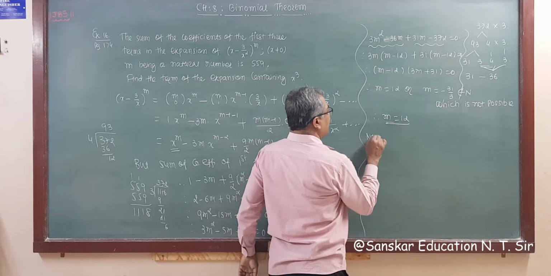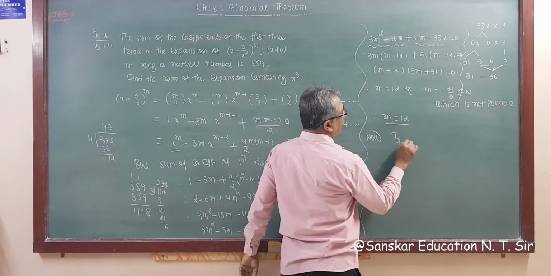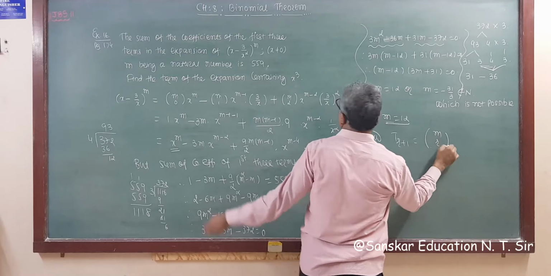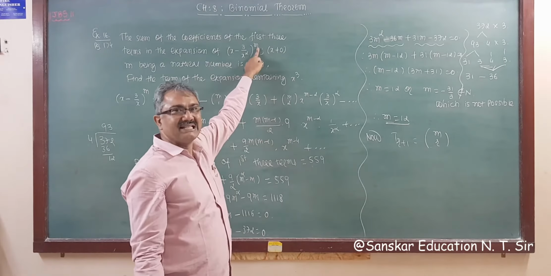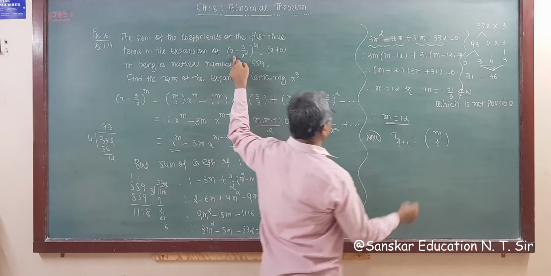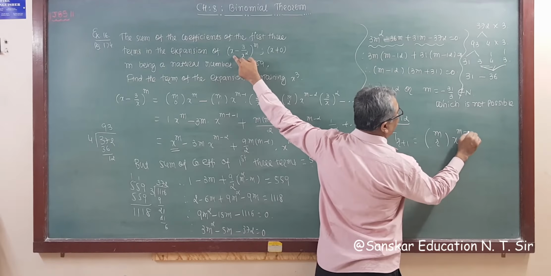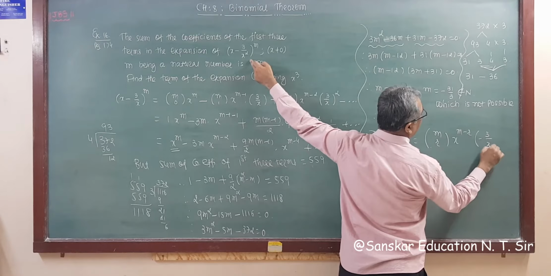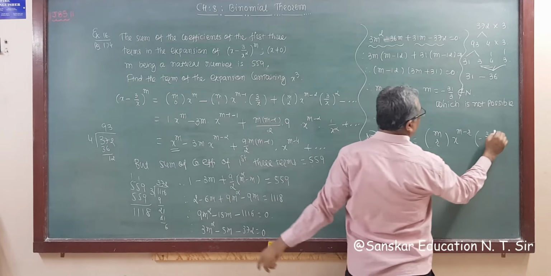So now T r plus 1 is equal to mCr, because m is the power, a is x raised to m minus r, and minus 3 by x square raised to r.